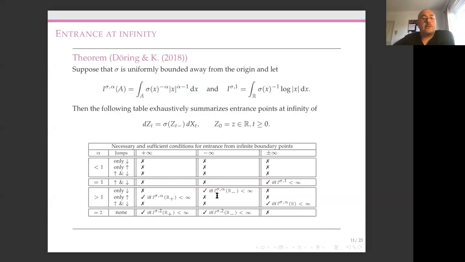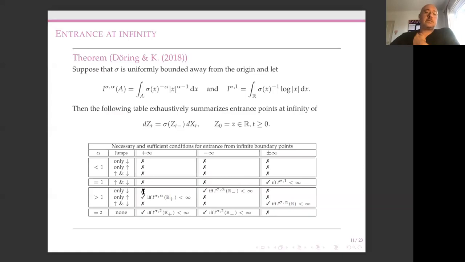And then, of course, similar behavior when we enter from minus infinity, except we need now only negative jumps. And if we want to enter from plus minus infinity, that can only happen when we have plus and minus jumps. And in that case, you should take notes here of the R plus and the R minus here and the R. So that's telling you where the integral test is happening.